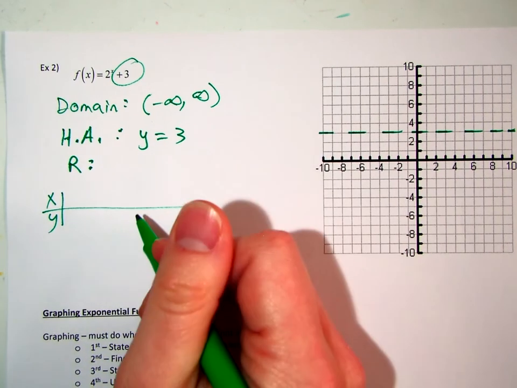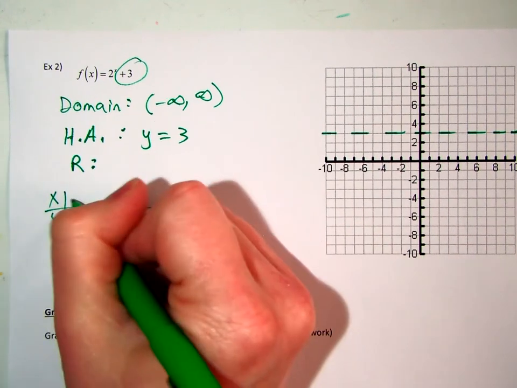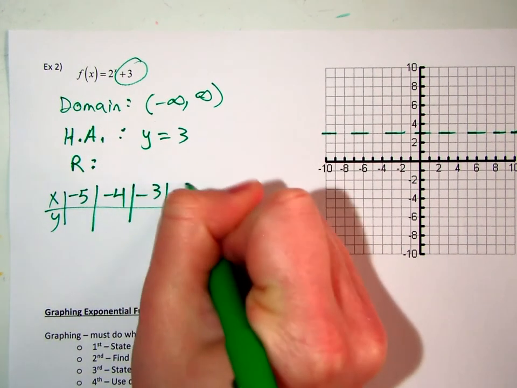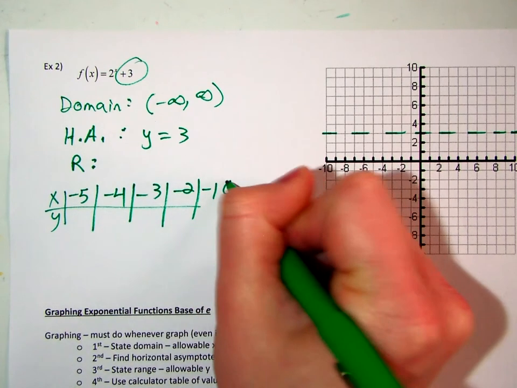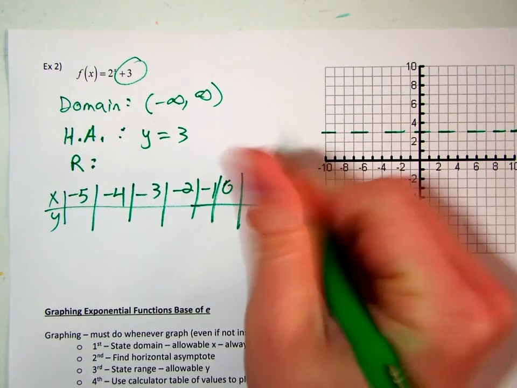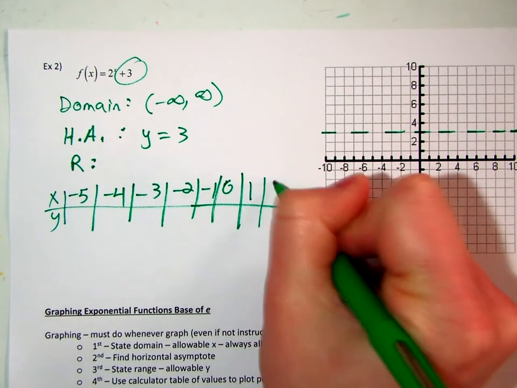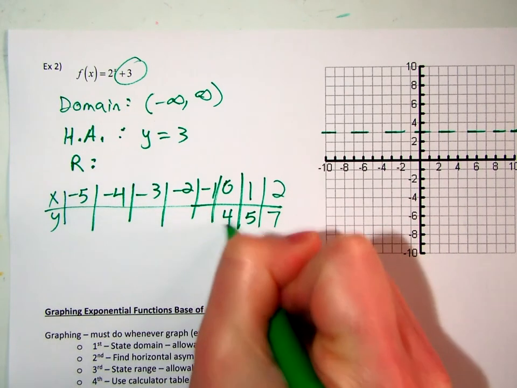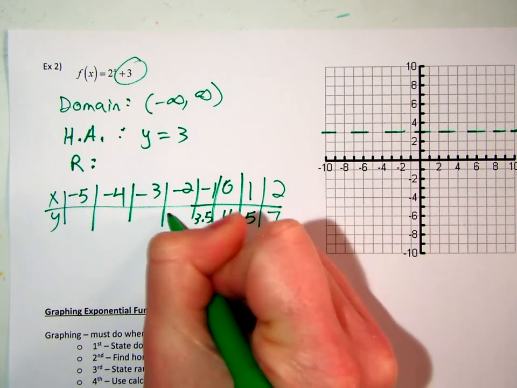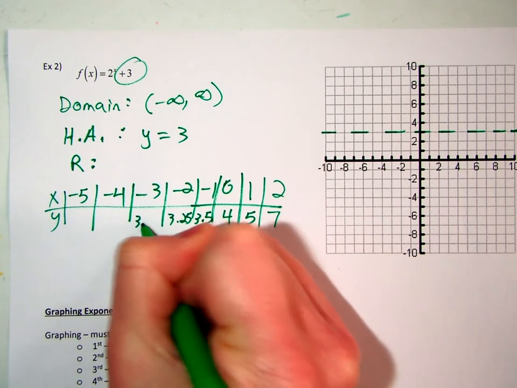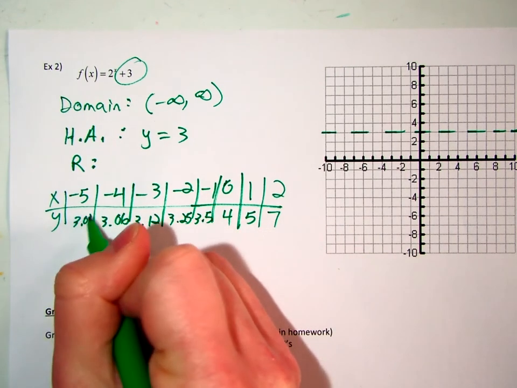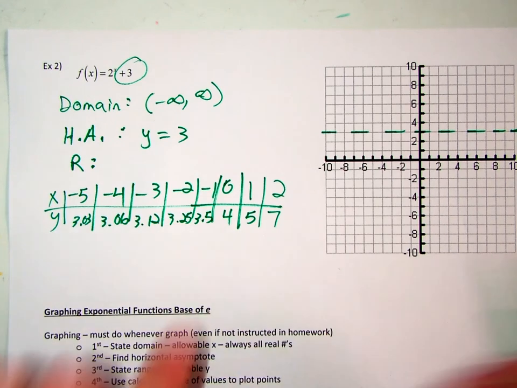Okay, so I'm going to start this at negative 5, negative 4, negative 3, negative 2, negative 1, 0, 1, and 2, because that's the last one that'll fit. So 7, 5, 4, 3.5, 3.25, 3.12, 3.06, 3.03. So again, you can see that you probably don't need to graph all of these.